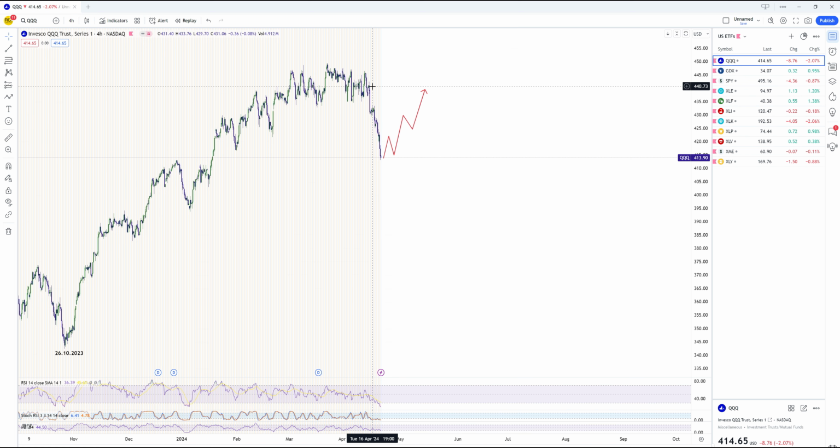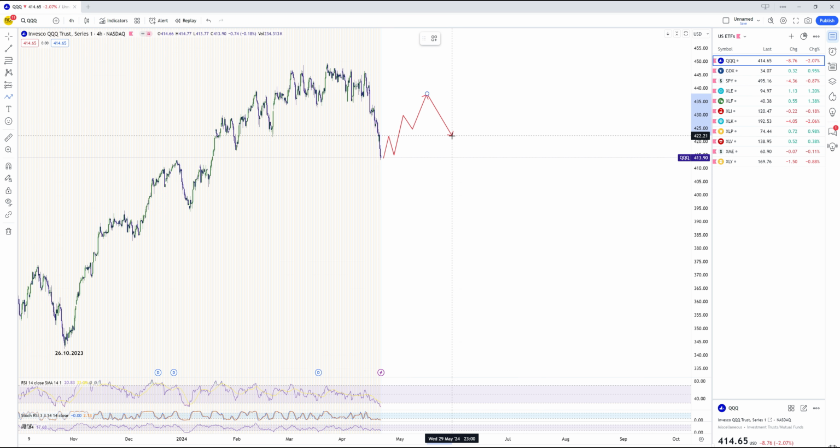It is possible to retest this area over here, 440 or even 436 over here. So regardless of the case, a decent bounce will take place in the 3Qs before we can see another reaction to the downside, which is possible for either new lows or a retest of the lows before the next move higher can take place.